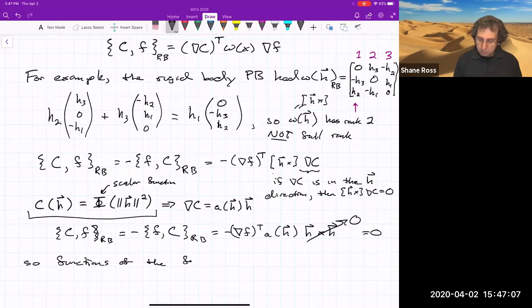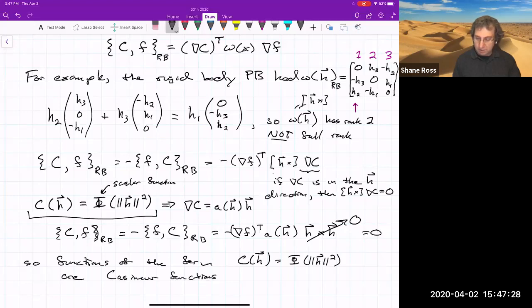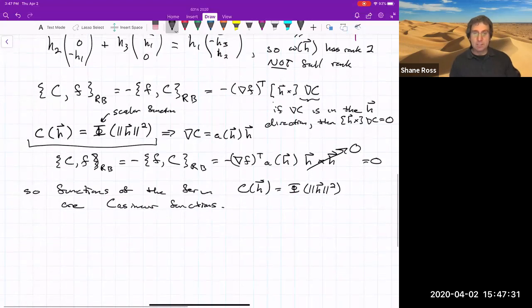So functions of the form, any scalar function of the magnitude of the angular momentum, are Casimir functions. The one that makes the most sense to us is just the magnitude of the angular momentum, or the magnitude squared.